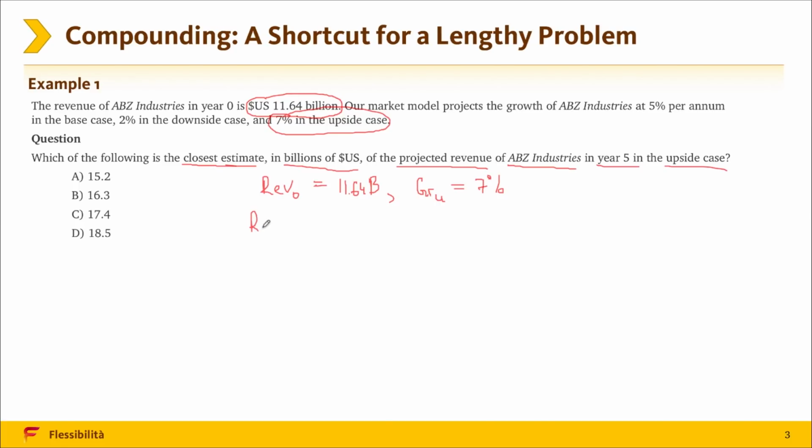Revenue in year 5 equals revenue in year 0 times 1 plus the growth rate in the upside case to the power 5, because we are looking at the 5-year horizon. And using numbers, this would look like 11.64 times 1 plus 7% to the power 5.